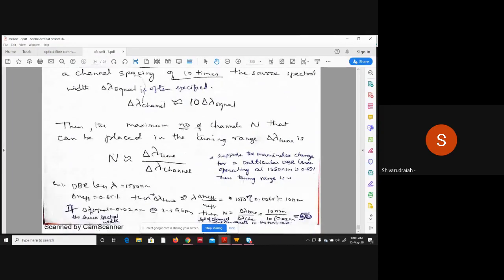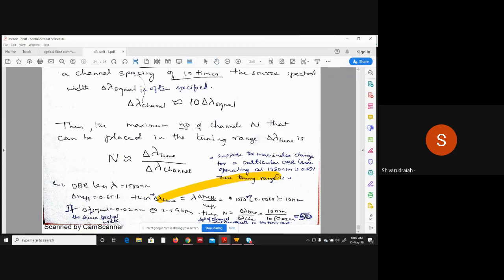So delta lambda tune is lambda into delta n effective divided by n effective. Lambda is 1550 nanometer, and the entire ratio is given as 0.65%. Substituting, 0.65% means 0.65 divided by 100. That will give you 10 nanometer. So your delta lambda tune will now be 10 nanometer.